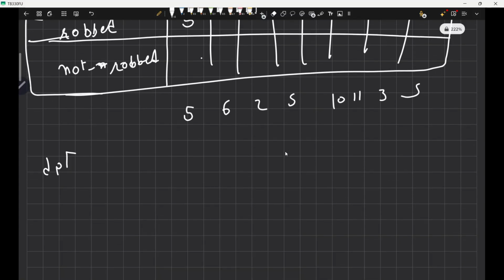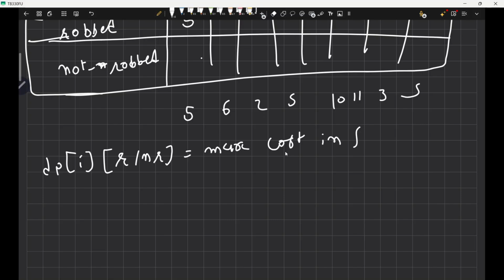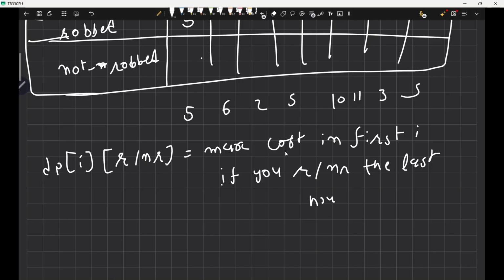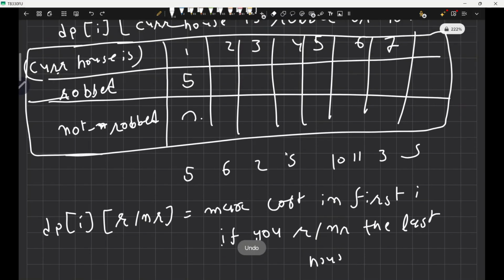So DP of I and R or not R is going to be the maximum cost in the first I houses, if you rob or not rob the current house, the last house.